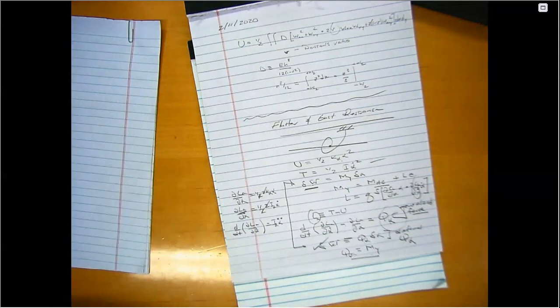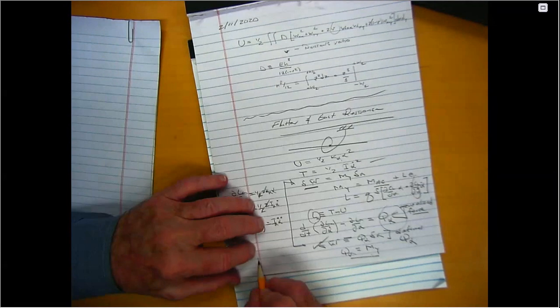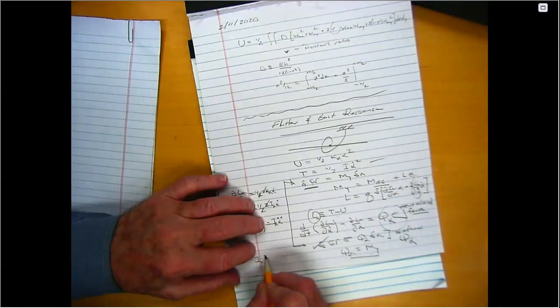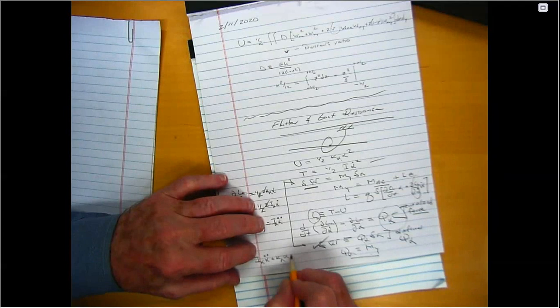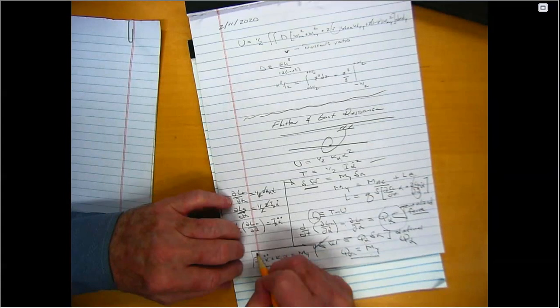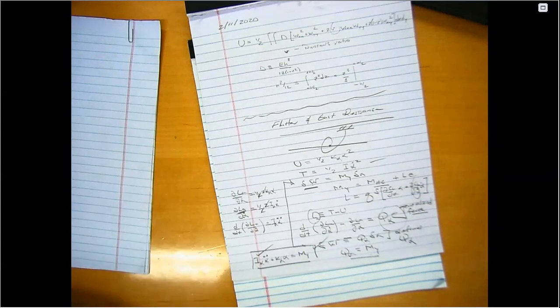And since I know the answer, the equation of motion is I alpha double dot plus K alpha equals Q sub alpha, which we decided was M sub y. So this is the same equation I had before, except now I have an inertia term here.